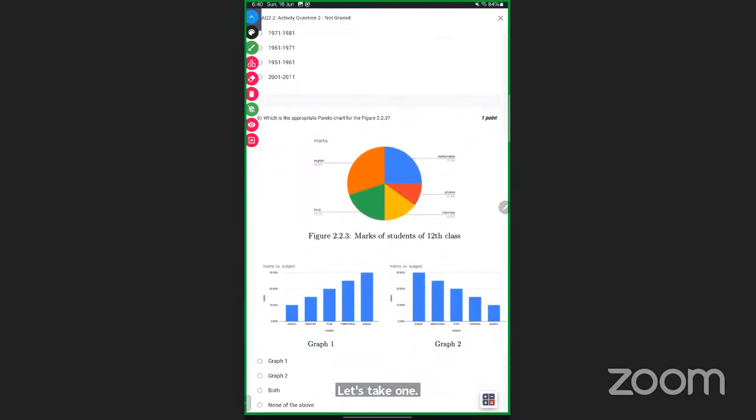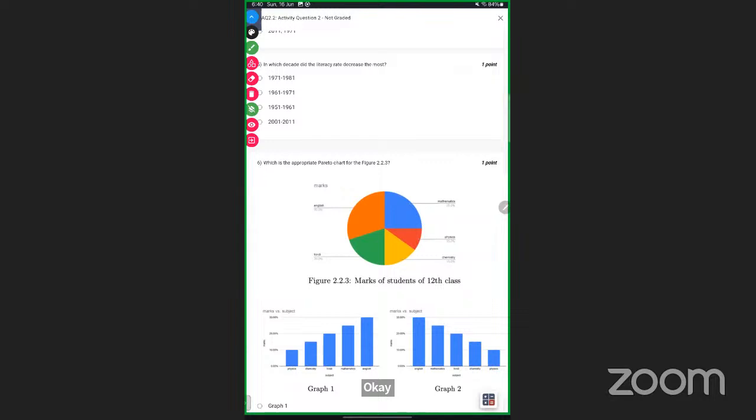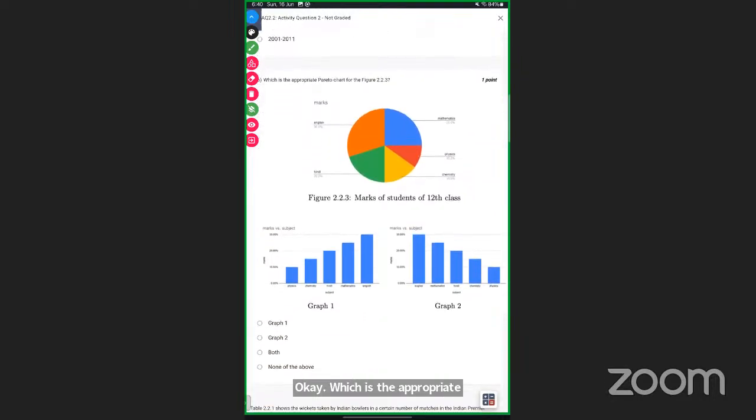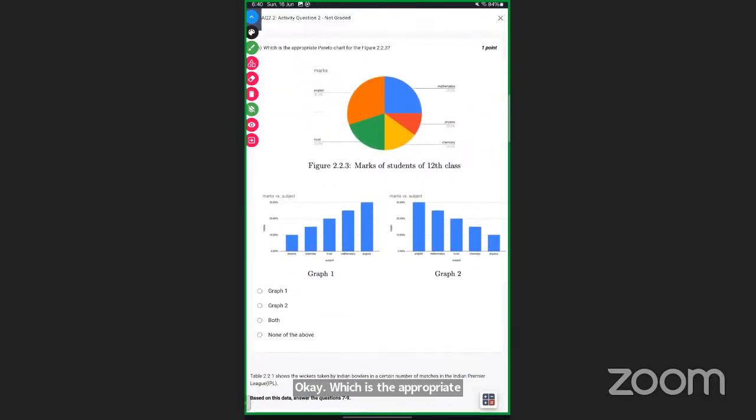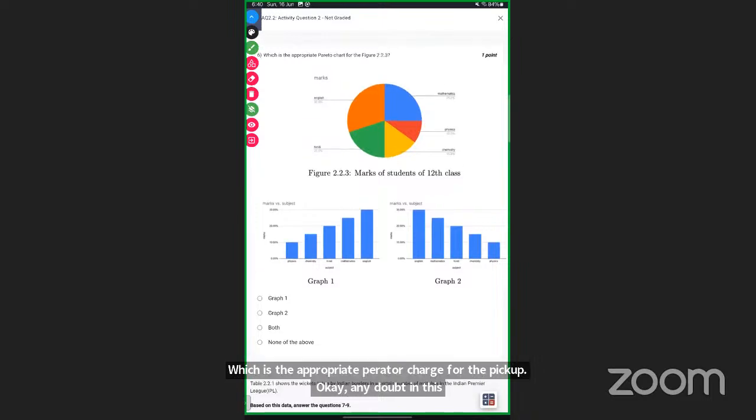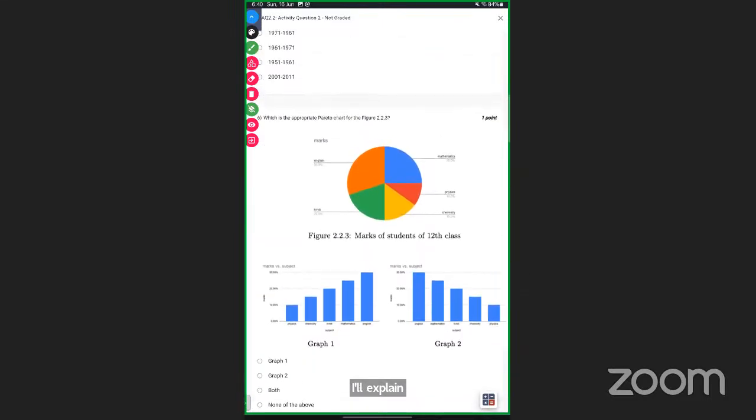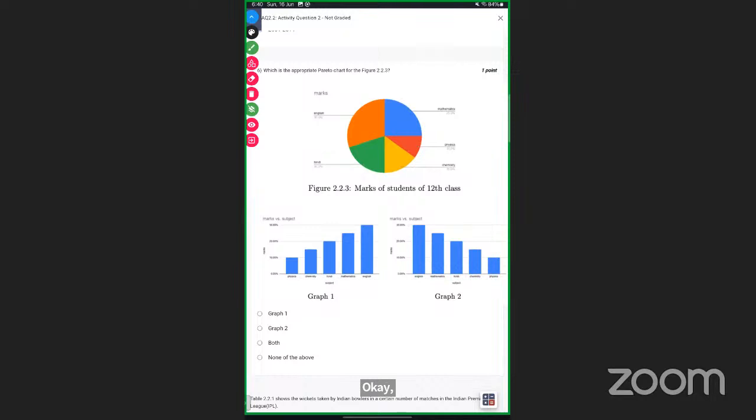Which is the appropriate Pareto chart for the figure? Okay, any doubt on this? Sir, explain. Okay, so in a Pareto chart, what we do is arrange them in ascending or descending order, in any order, right? So both should be right.